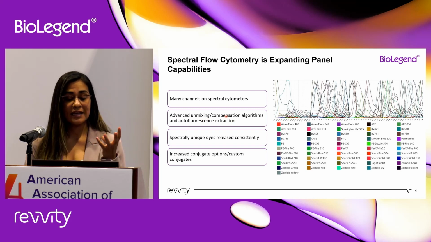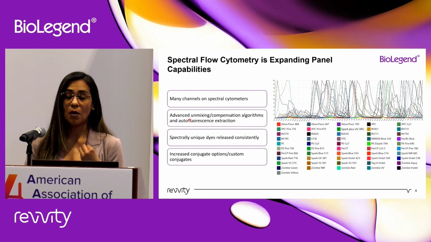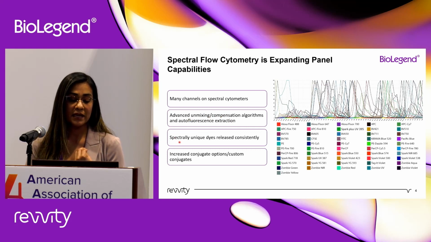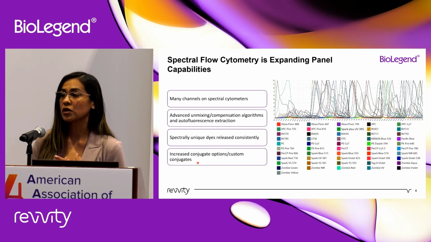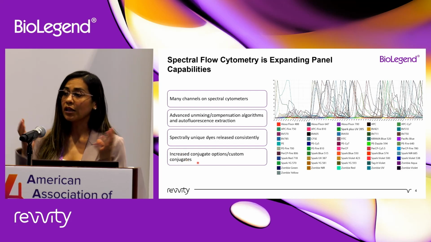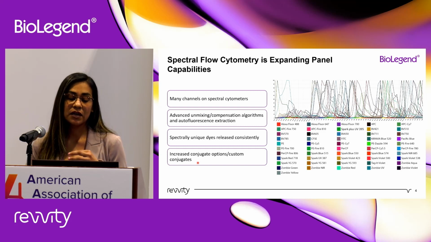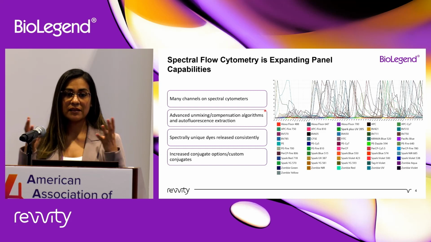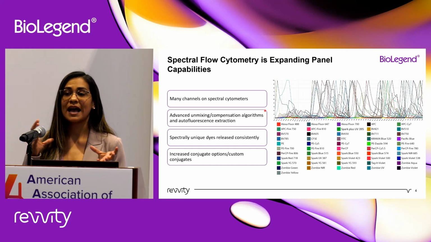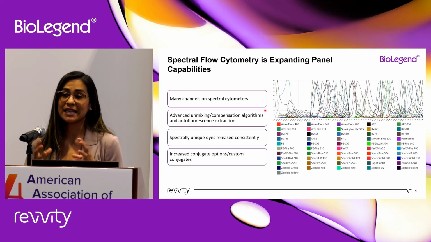And together with the cytometry technology, now companies such as BioLegend are developing spectrally unique dyes that you can use in the large panels of spectral cytometry. And of course, now we have the option to customize those conjugates and antibodies. All this combined is giving us the opportunity to expand our panels' capabilities, and now we can analyze more than 20 colors in the same panel.